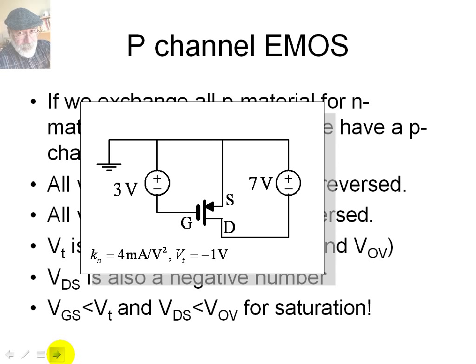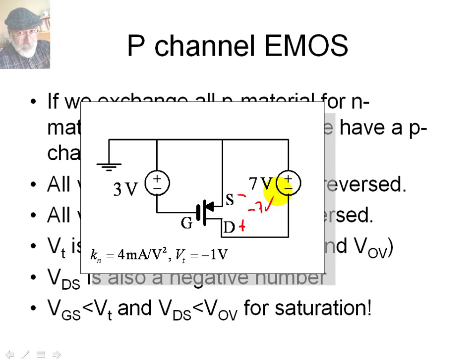Let's see. VGS is -3 volts according to this. -3 volts is below -1 volts VT. So that means that there is a channel, there is current in there. Let's see what else. VDS, according to this source, is -7 volts. Okay, -7 volts, that's right. This is VDS, -7 volts.